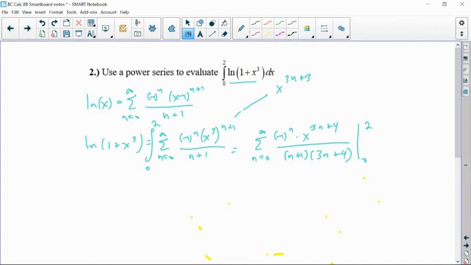The fact that we're putting 0 in here for x, so 0 to that power makes it 0, which is nice. So then when we actually put in 2, we'll just get whatever.